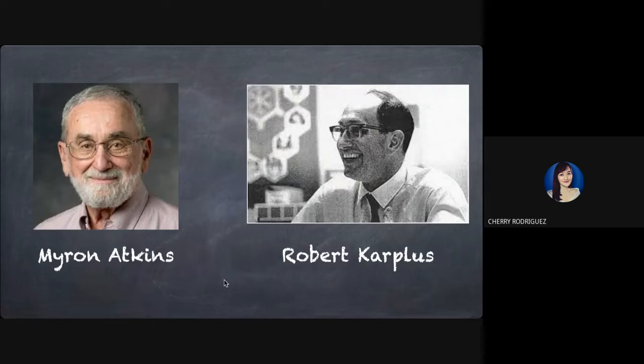The main proponents of the 5E's were Myron Atkins and Robert Karplus in 1962, who conceived the learning cycle as guided discovery. It was modified later in 1967 by Atkins and Karplus, and is known as the Karplus model.